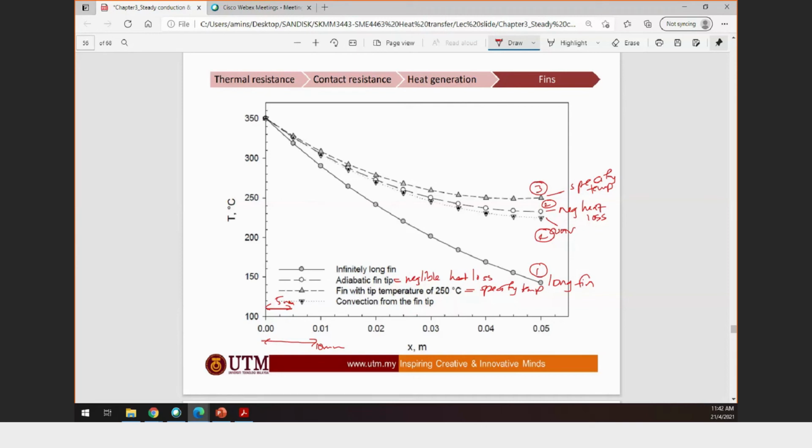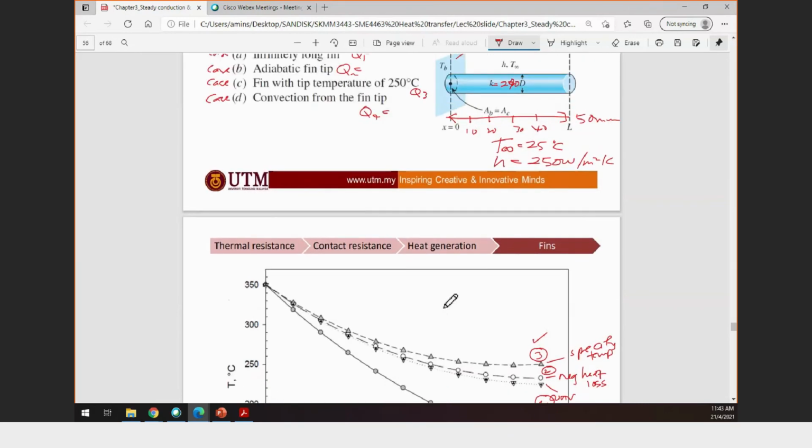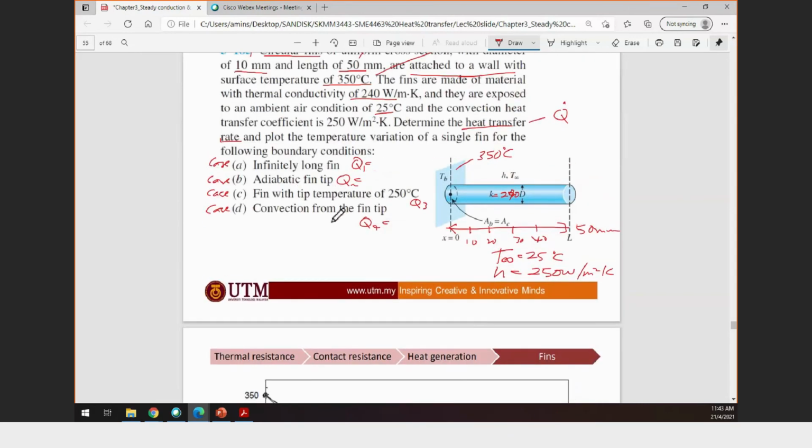You only have the option of case 3 or case 4. Again, case 3 is only applicable if you know the temperature. And the best one is case number 4, where it is a convection. So that's why, like I say, case 4 is more common to use for fin analysis.